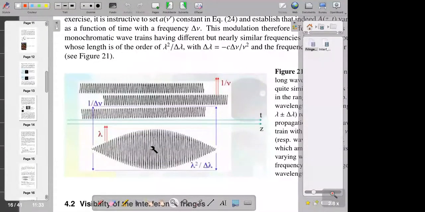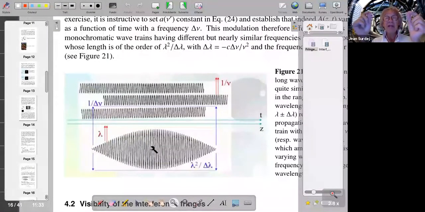But let's assume that I find the baseline for which I see no fringes. So I know I resolve the star.